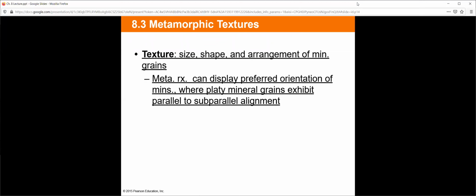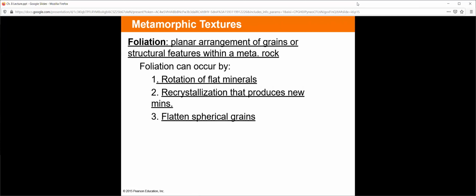Metamorphic rocks can have various sizes, shapes, and arrangements of the mineral grains and their textures. They can display preferred orientation of minerals if possible, where platy minerals, for example, exhibit parallel and subparallel alignments. We tend to call, this isn't 100% accurate, but a good way to think of foliation is the layering of a metamorphic rock.